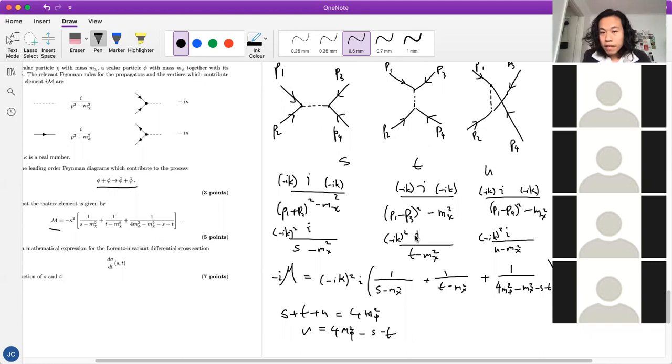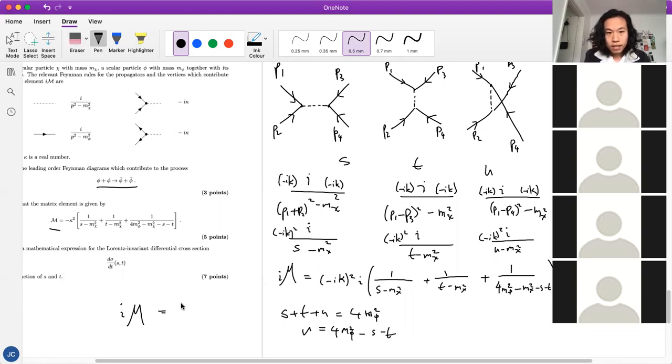Oh, I took a factor of M. That's just how it's defined. So minus iM, or is it just iM? Sorry, it's just iM, there's no minus. iM is defined as the amplitude of this one diagram.